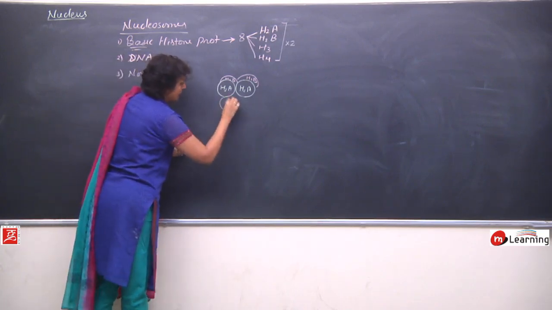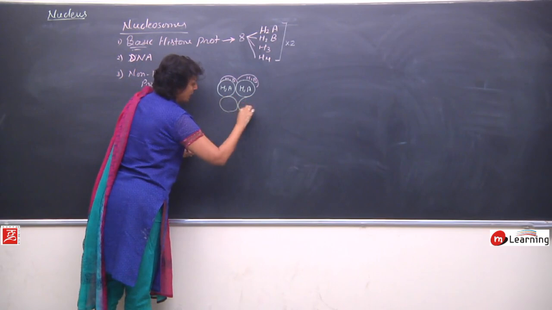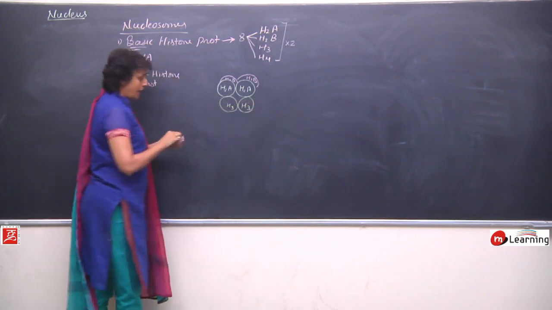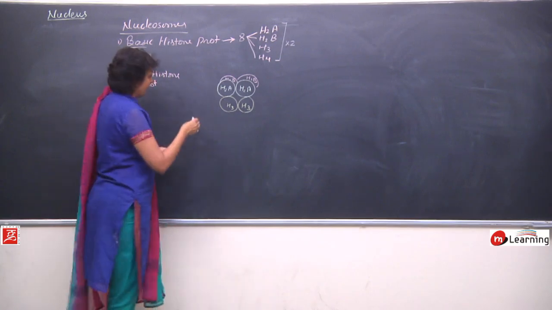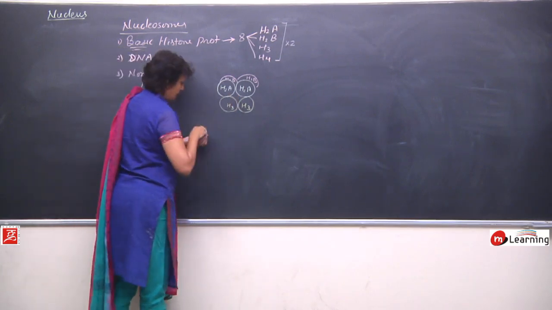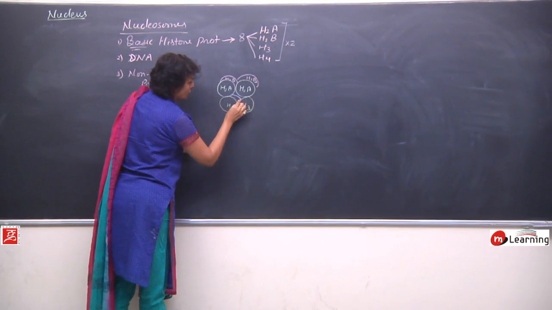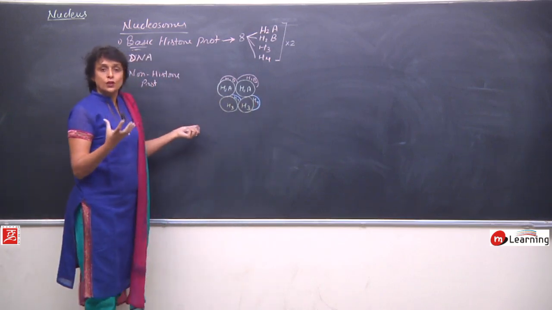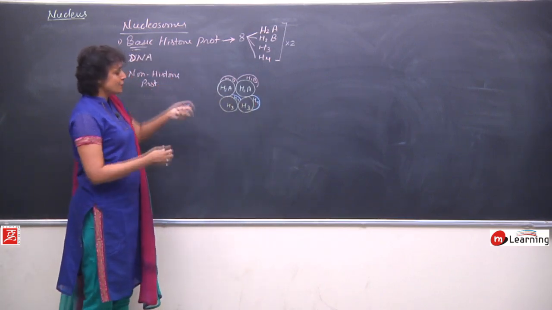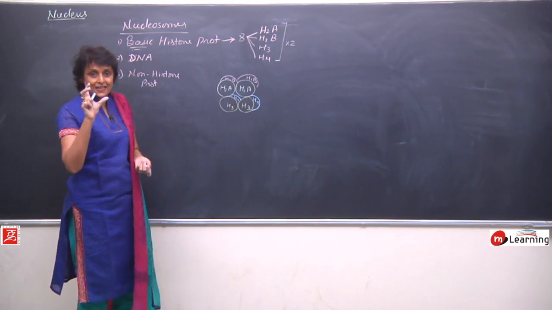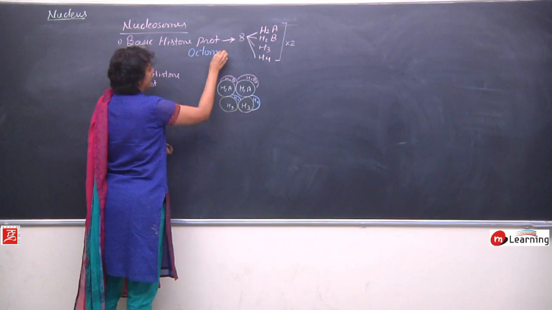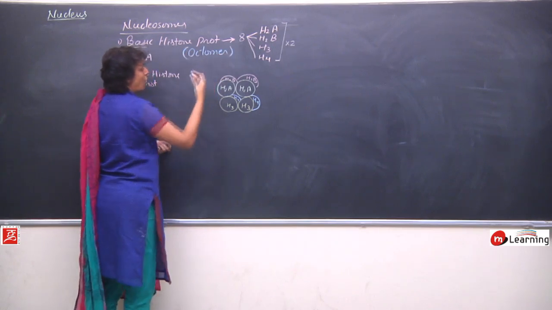The lower half has H3 in pair, and behind them is H4. So, this is H4 and this is H4. So, in total there are 8, and that is why this collection of 8 histone proteins is also known as the histone octamer.